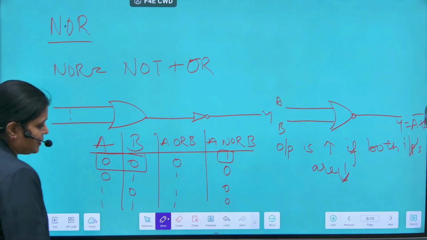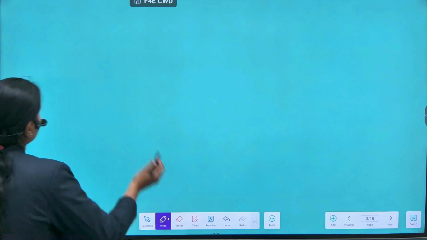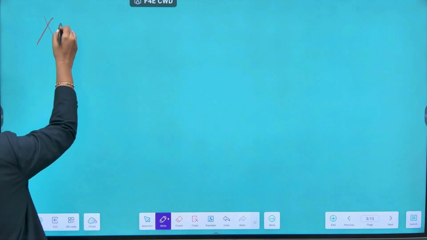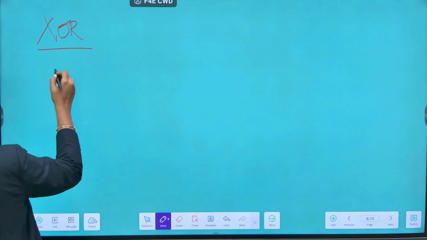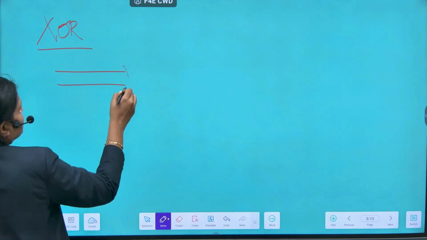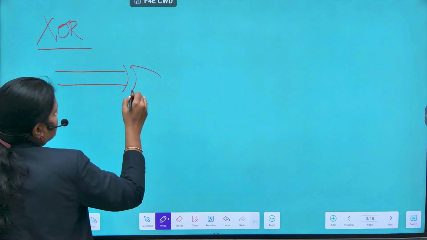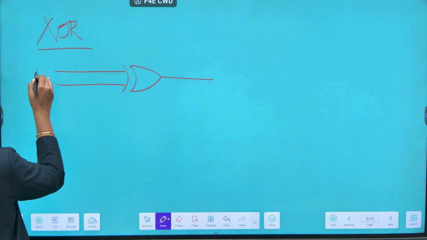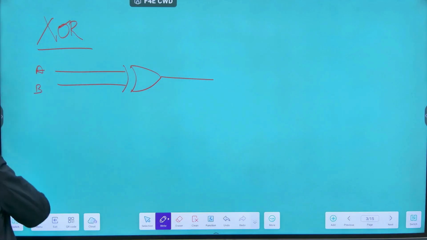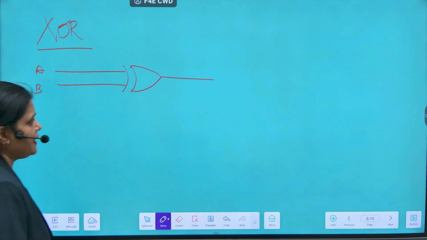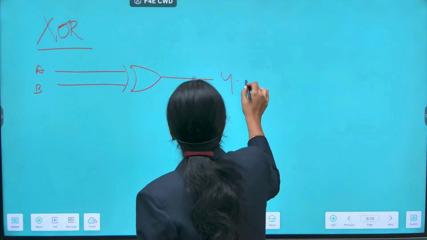Now let's look into the XOR gate. The XOR gate is a special kind of gate. This also can have n number of inputs and it produces only one output.